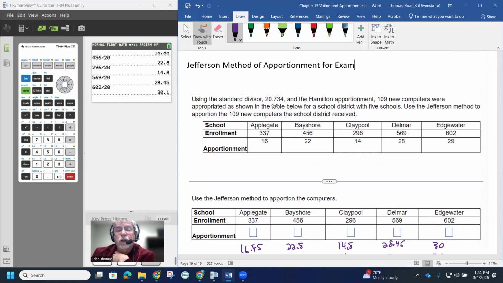So anyway, we're too big, so I'm going to try another modified divisor, but I've got to go bigger now because I got too big of a quota. I got 110 computers instead of 109. So I'm going to use a 20.5 just to see what it does. Notice how this is kind of a guess and check.